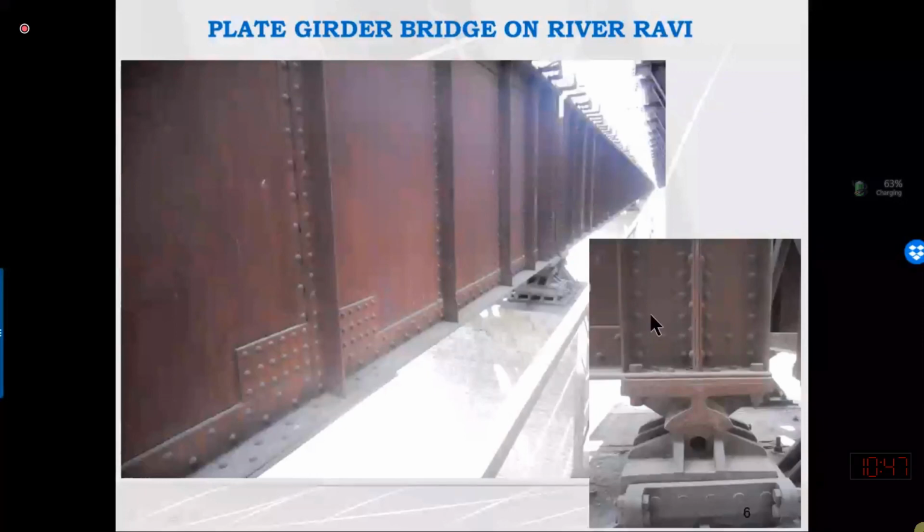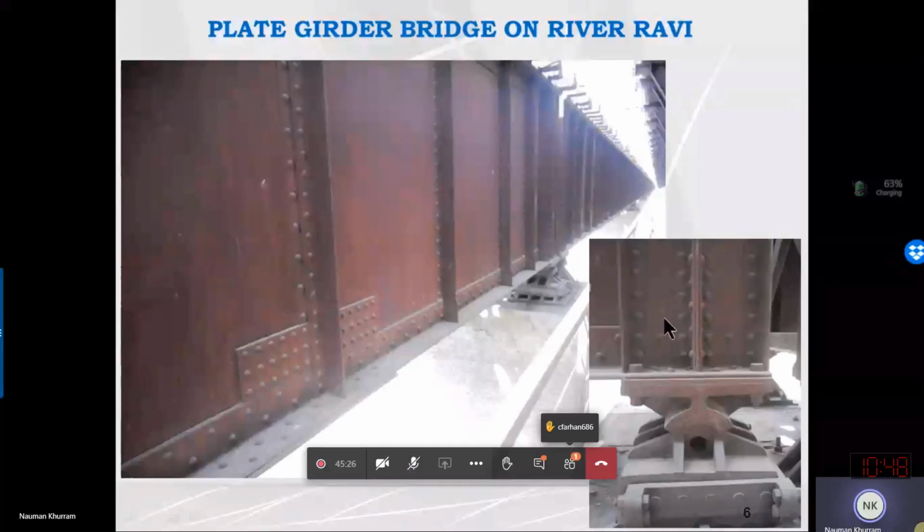So this complete portion is referred to as a bearing. Why? Because a support section is very heavy or concentrated. So to avoid the crushing or the crippling or the stress concentration, we use the plates in combination, or we need some larger plates or thicker plates to resist the end reaction here.